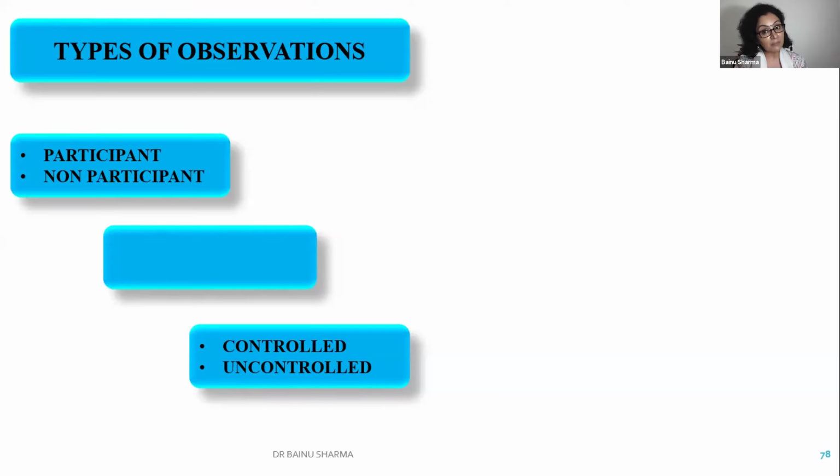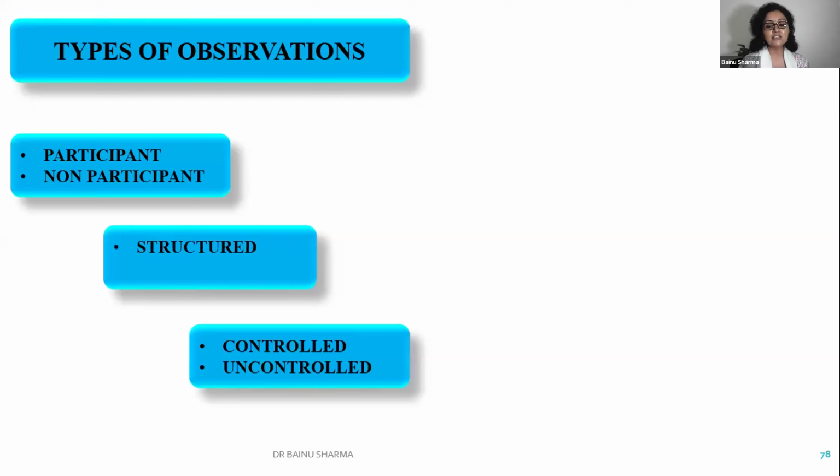You've decided the number of participants who are going to take part in that research, and the tools which are going to be used for that research, that also you have decided. So that is a control. In an uncontrolled observation, you can observe people, observe their lives in a natural way, in a natural setting, without any external influence or any pre-planning. That is an uncontrolled observation, which we do all the time in our surroundings.